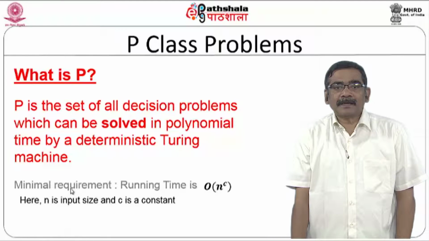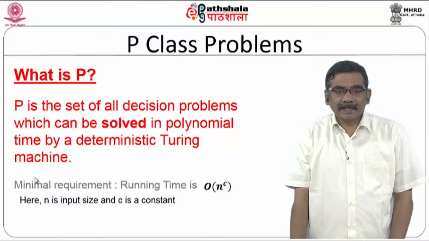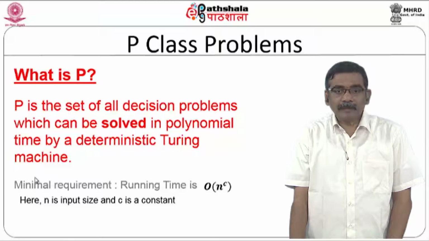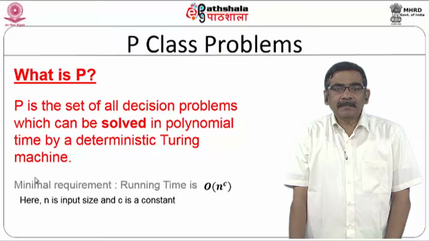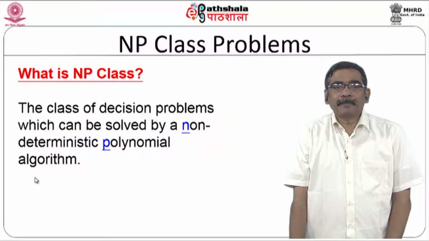In that case, we can say that these algorithms are very efficient and take very few computer resources such as memory and processor. Therefore, we call these efficient algorithms. To put it briefly, P class problems are solvable in nature, and these problems can be solved in fixed time.